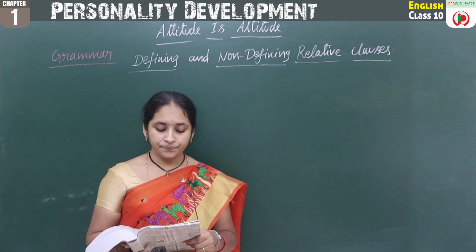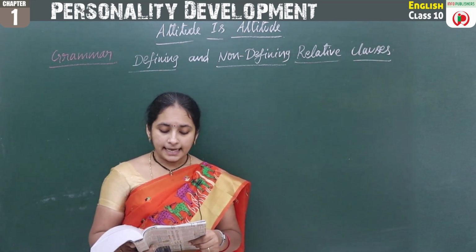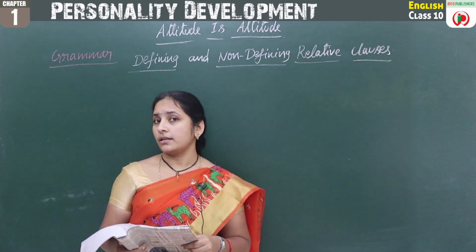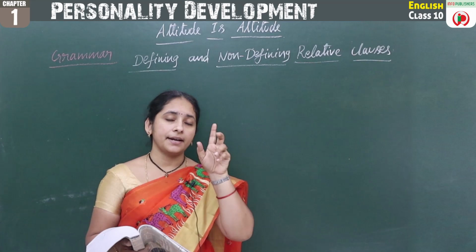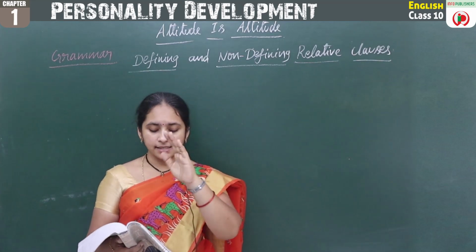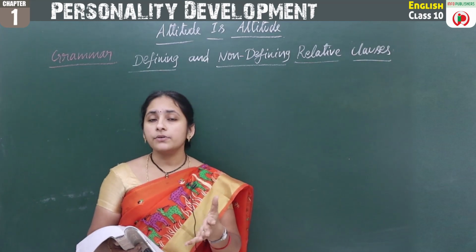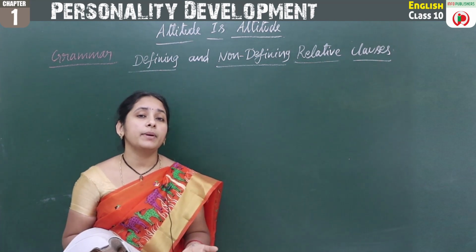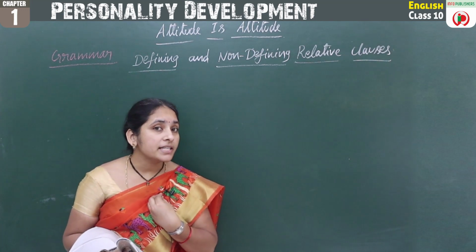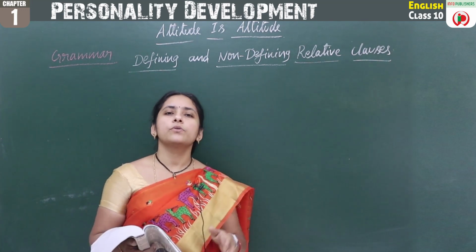Suresh, dash, has left the school just now. So comma, has left the school just now. So when we get commas, it means 100% non-defining. Who is Suresh? Yes, non-defining here. We are giving information. Suresh, who is my best friend, has left the school just now.